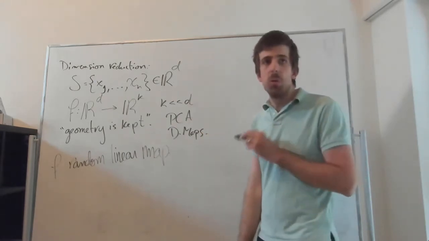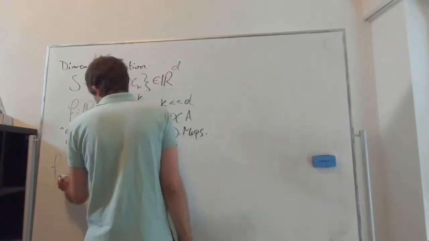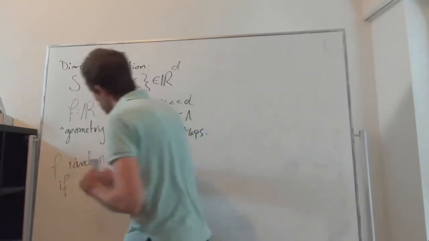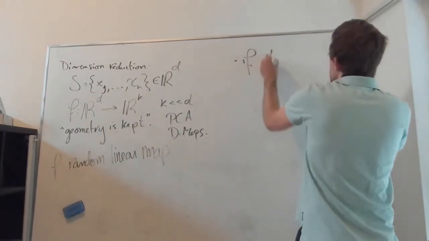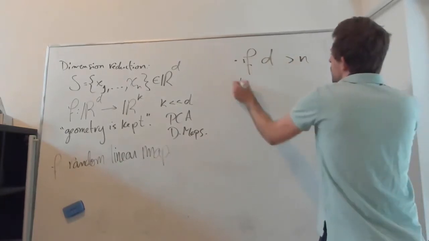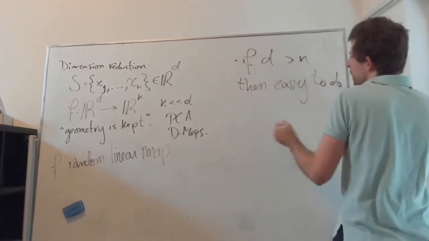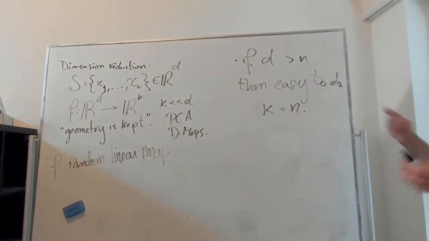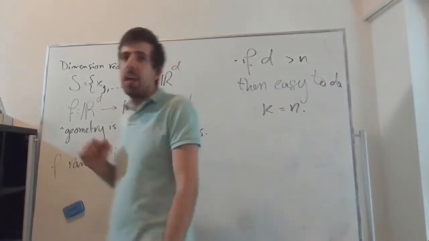So let's first make a few observations. Just start with an observation: if d is much bigger than n, then it's easy to do with just k being n, because all the n points will lie in some n-dimensional subspace, so I can just take the projection onto that n-dimensional subspace.